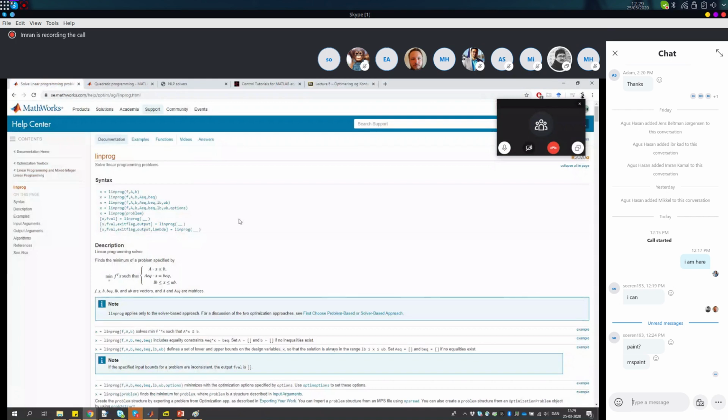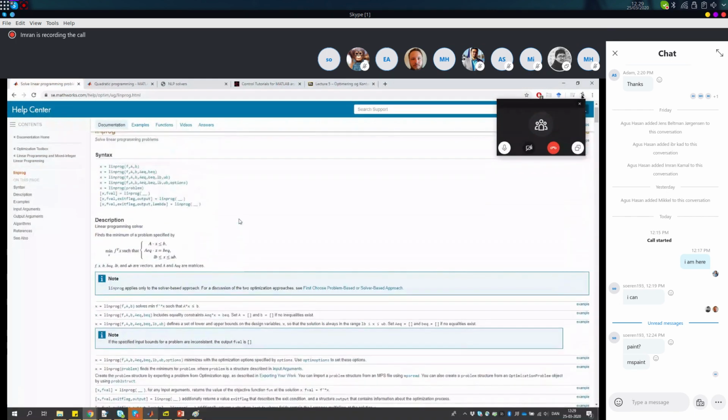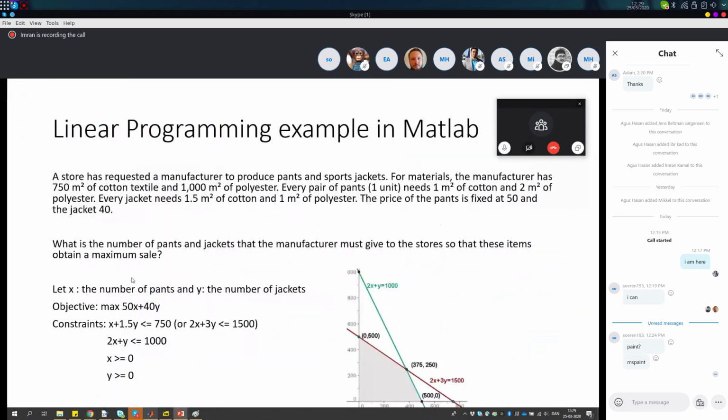So linprog is like this. You want to minimize an objective function subject to an inequality constraint, an equality constraint, and this is like a bound constraint, x between lower bound and upper bound. And then if you look into our problem here, we want to maximize this objective function.